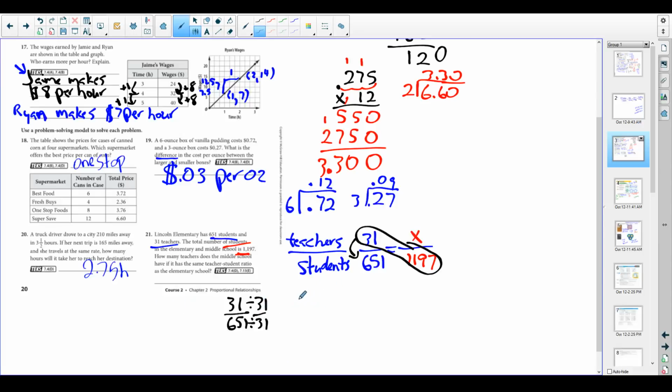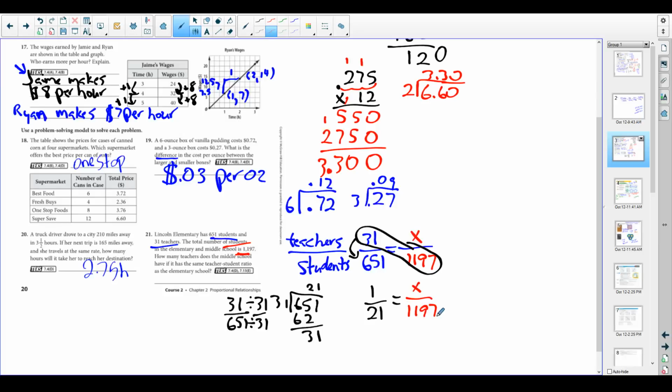So what is 651 divided by 31? That's 21. Oh, look at this. So instead of 31 over 651, which is terrible, we can say the ratio simplifies to 1 teacher for every 21 students. And then this is a much more manageable problem.